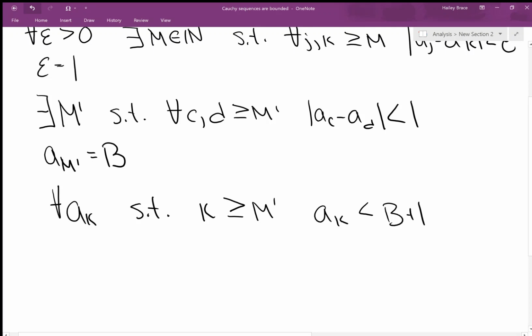So now we have an upper bound on all of the terms that come after the m prime term. So all we have to do is look at all the terms that come before that. So we'll look at a_1, a_2, a_3, all the way up to a_(m prime minus 1). And we're going to say, what's the biggest out of all of those?